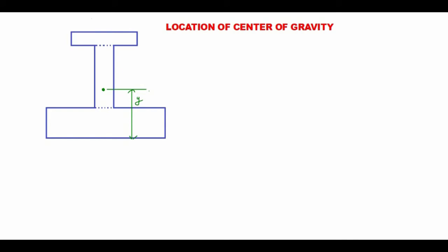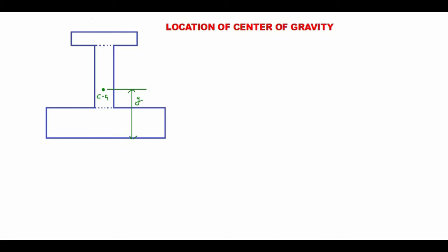So here the unknown is y, isn't it right? We do not know the location of the center of gravity of the I section. So let me write this as CG, center of gravity, which is at a distance of y from the bottom. You can also take the location from the topmost layer.